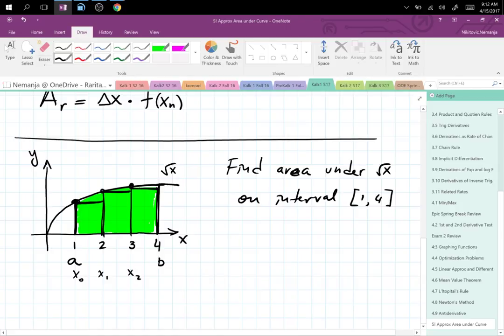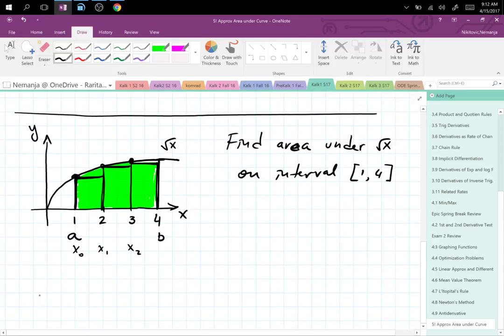So I draw rectangles, and area L using the left-hand points is going to be, now delta x is clearly 1. I hope you see that, because 2 minus 1 is 1, or 3 minus 2 is 1, or 4 minus 3 is 1.